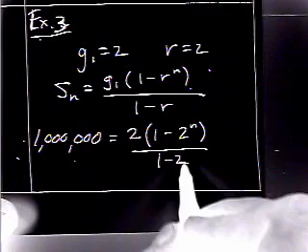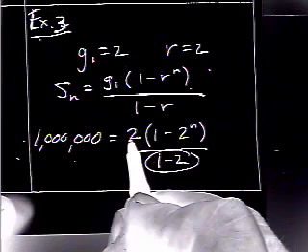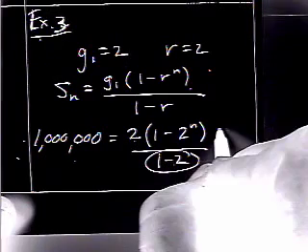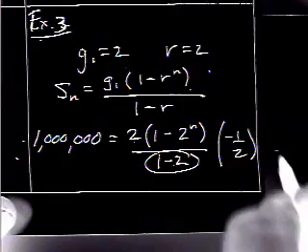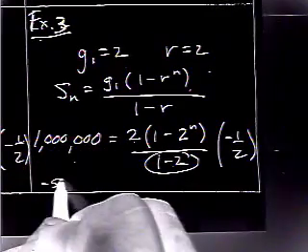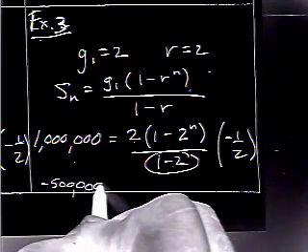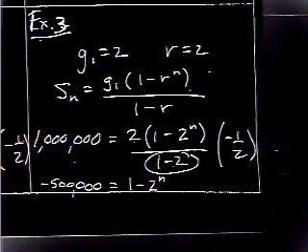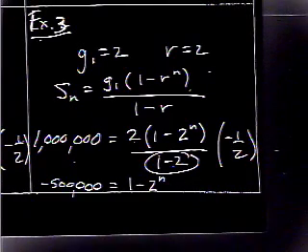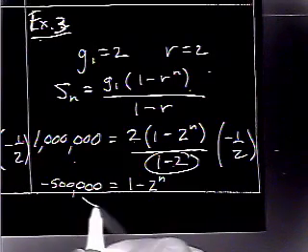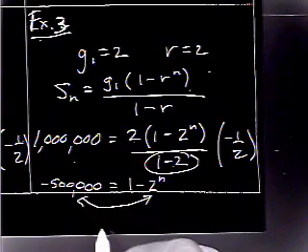Okay, so we've got -1 down here in the bottom. And so 2 divided by -1 is obviously -2. So I'm going to multiply both sides by -1/2 in order to get that down to -500,000 equals 1 minus 2 to the n power. A little adding and subtracting kind of flip-flops these two things.